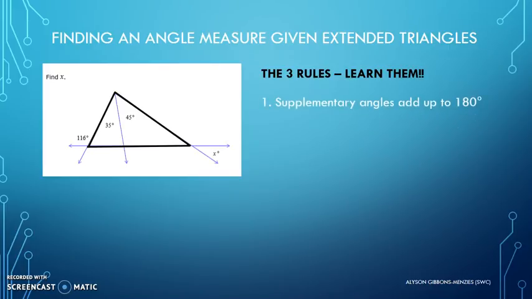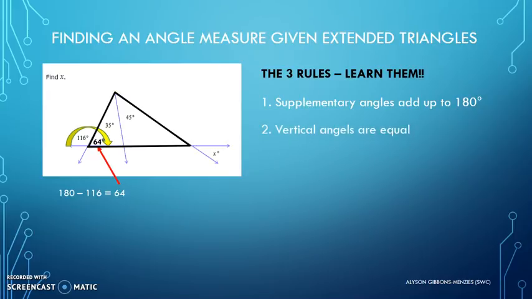So the first rule we've already seen is that supplementary angles add up to 180 degrees. So in our diagram we can see a straight line, 180 minus 116 equals 64. So the missing angle here is 64.